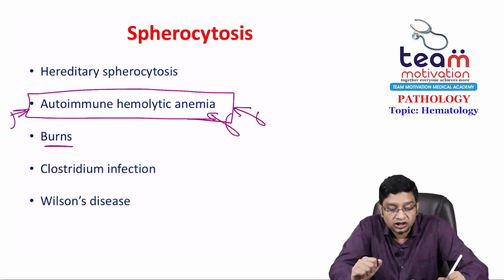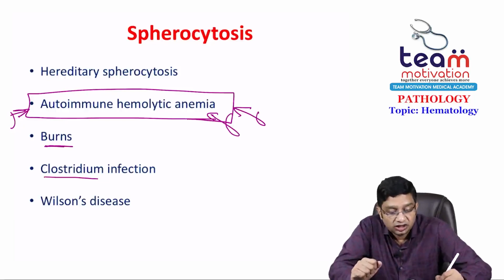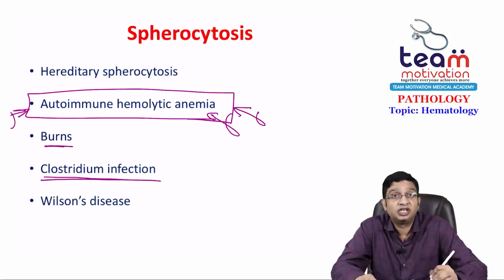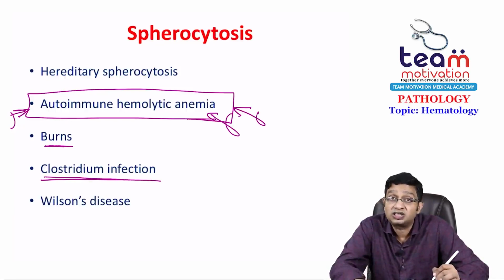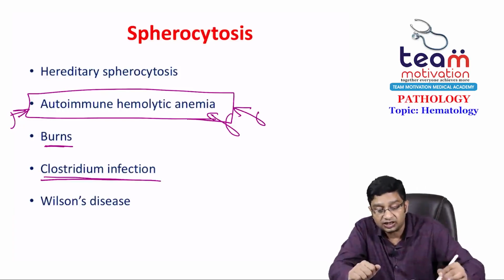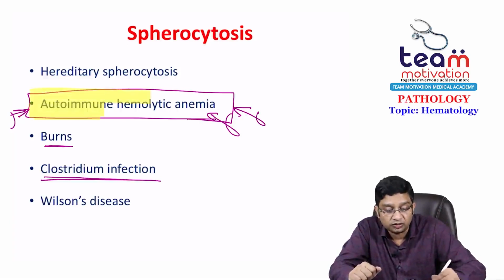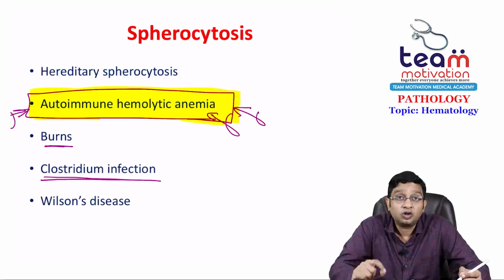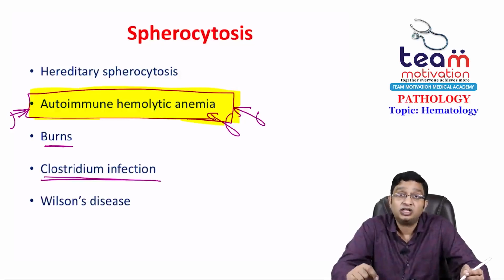They are also seen in burns, in Clostridium infection, and they can very well be seen in Wilson disease. So you need to remember here spherical shaped RBCs: one important is hereditary spherocytosis, and the second important is autoimmune hemolytic anemia.